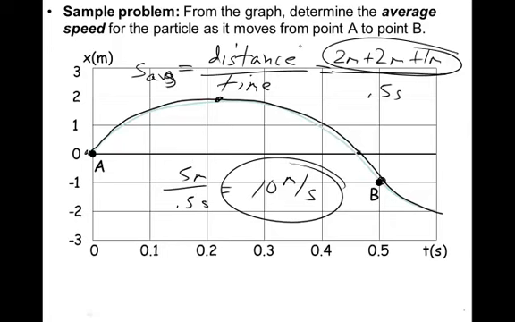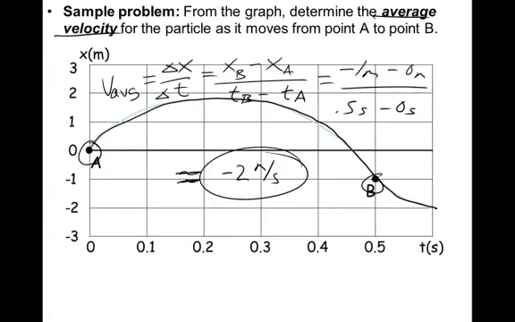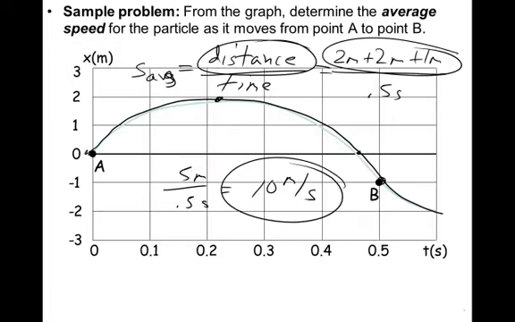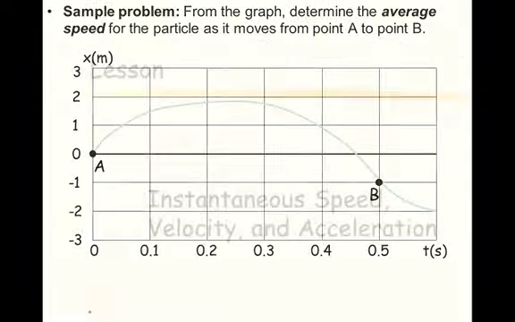The average speed is a distance over the time, whereas if we look back, our average velocity was the displacement over the time. In other words, we're only concerned about the two endpoints. So that's the difference between average speed and average velocity.